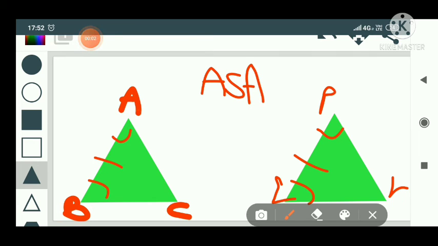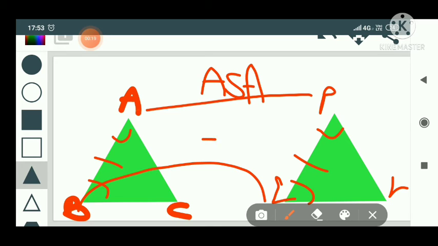In this case, we see that angle A equals angle P, which are corresponding, angle B equals angle Q, which are corresponding, and side AB equals PQ, which are corresponding.